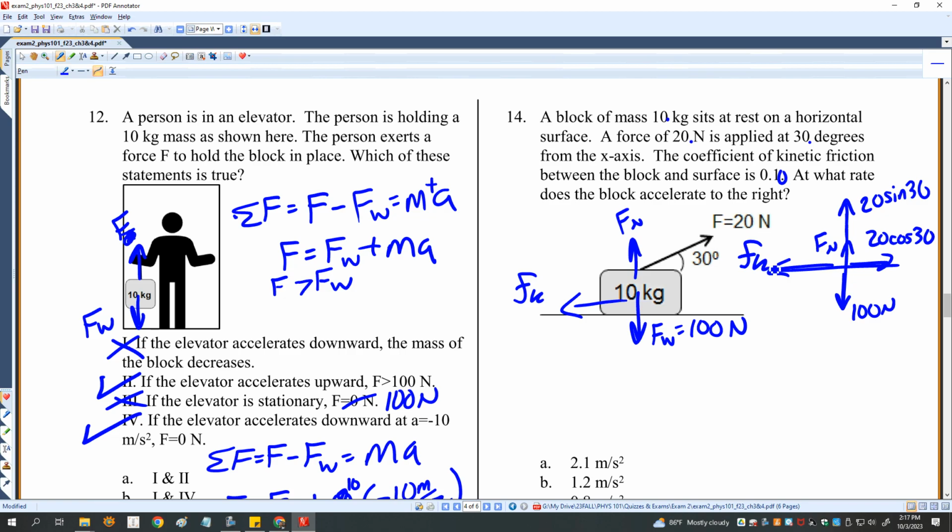All right, so first of all, I need to figure out what is the normal force. There are a few steps here you have to take. Figure out what the normal force is, then I can figure out what the kinetic frictional force is, and then I can determine the acceleration. So step A, find the normal force. I say that the sum of the forces in the y is 20 sine of 30.